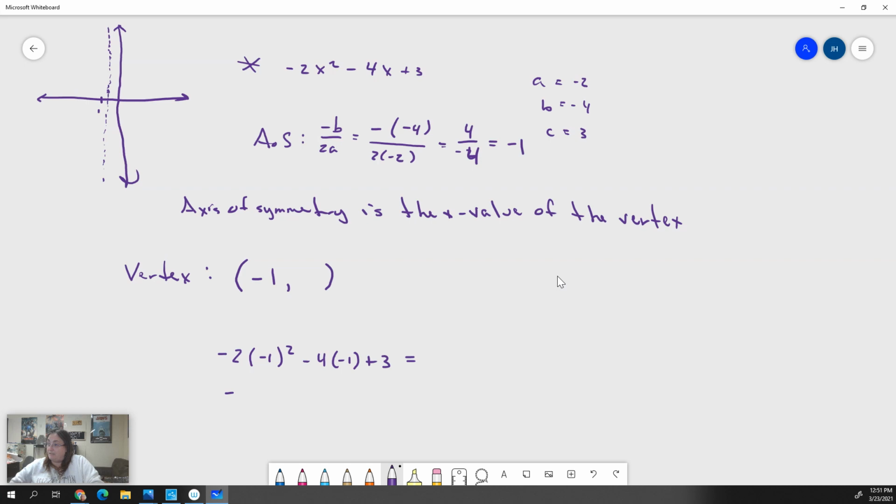So negative 2 times negative 1 squared is just negative 2 times 1. Negative 4 times negative 1 is positive 4 plus 3, right? So we have negative 2 plus 4 plus 3, which equals 5. So at negative 1, 5, we would have our vertex. Does that make some sense?